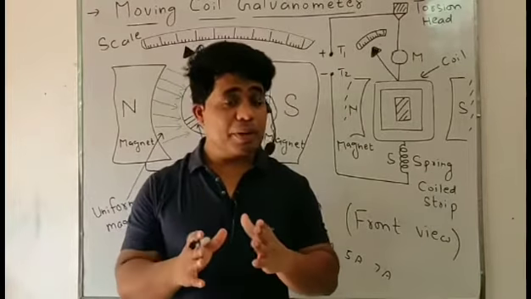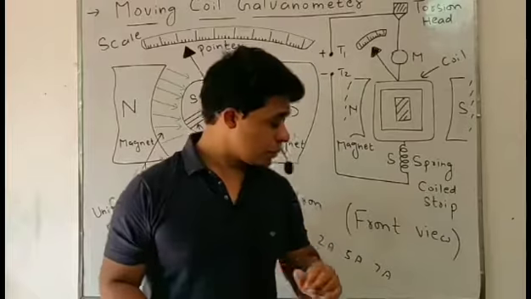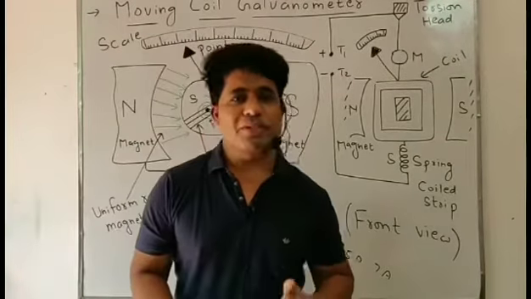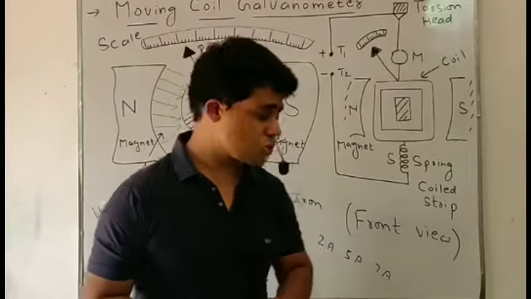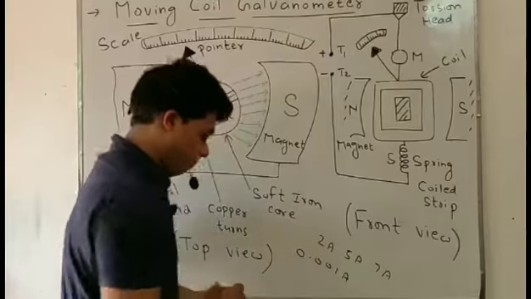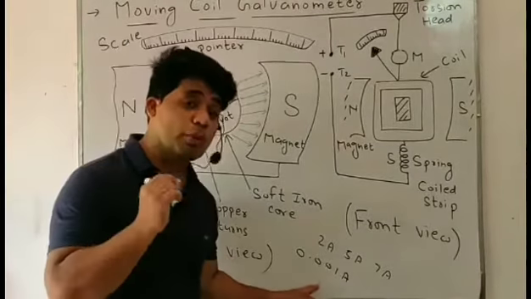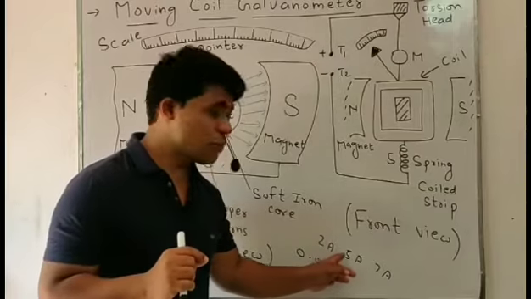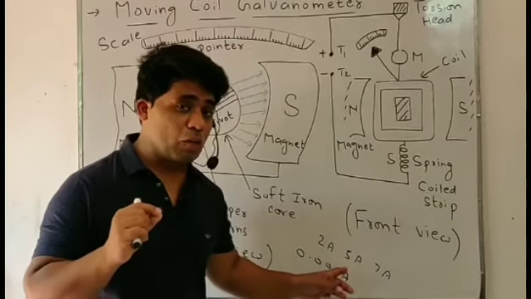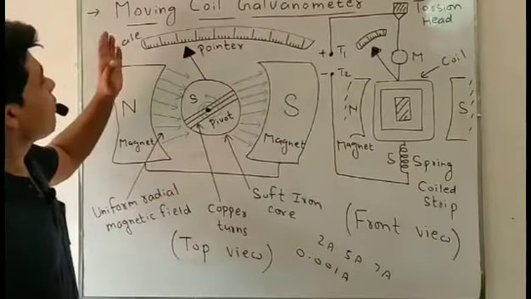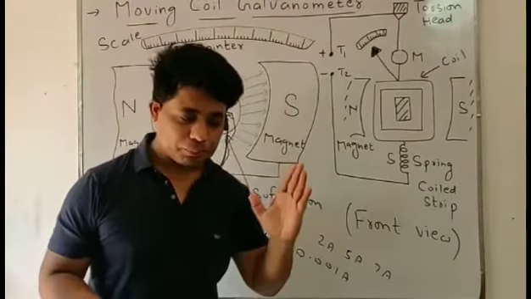But suppose the amount of current is 0.001 ampere, that small amount of current, so we cannot measure it using an ordinary galvanometer. For measuring such small amount of current, we have to use the device moving coil galvanometer.